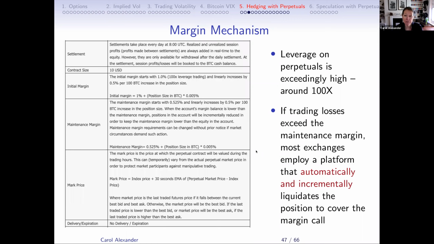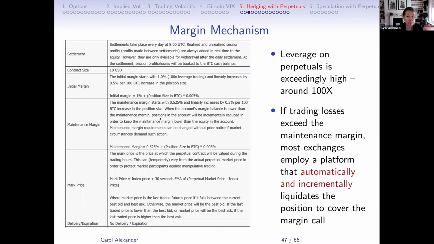But the margin mechanism, this is from the Deribit Perpetual actually. The Deribit Perpetual margin mechanism and the mark price is supposed to smooth those forced liquidations. And it does quite a good job of it as well.